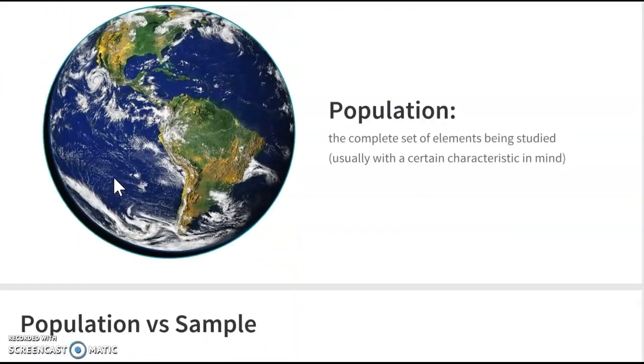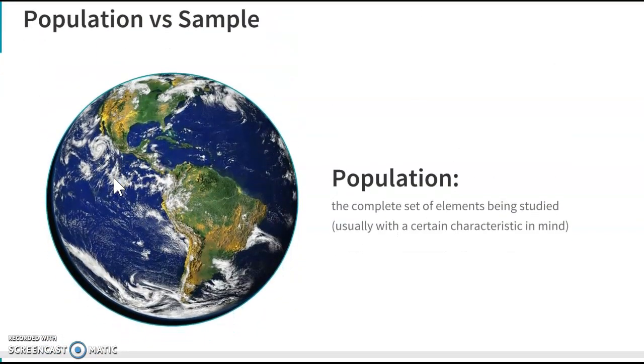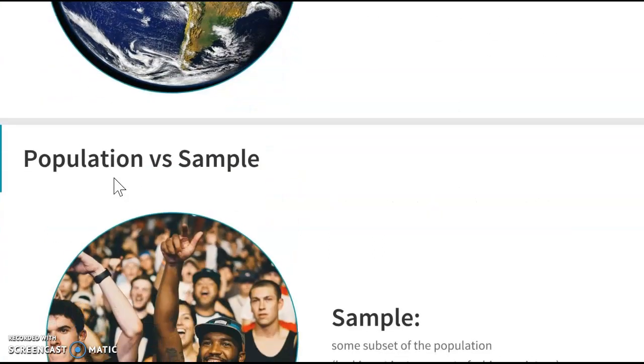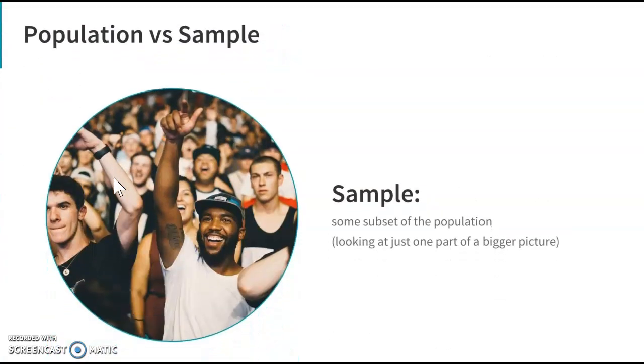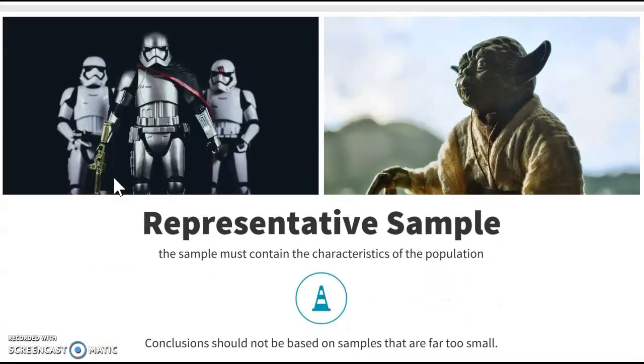So in my picture, population is the world here. Way too many people to look at the world if we want to find the average weight of people in the world. So we're just going to narrow it down to just a few people, and that's going to be our sample. Okay. Big thing about a sample is you want it to be representative of the population.